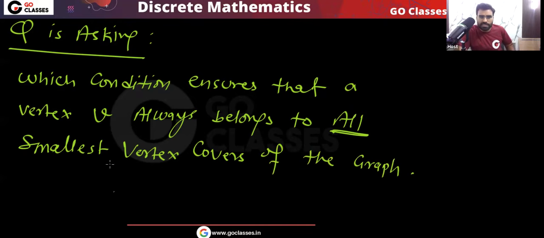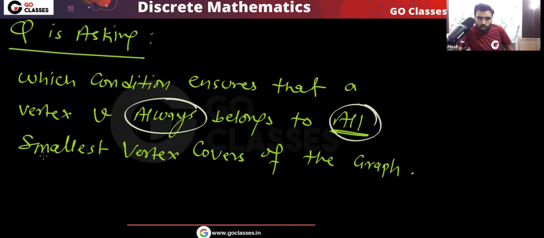Okay, is this clear? The question is asking which condition ensures that a vertex V always belongs to all smallest vertex covers of the graph.